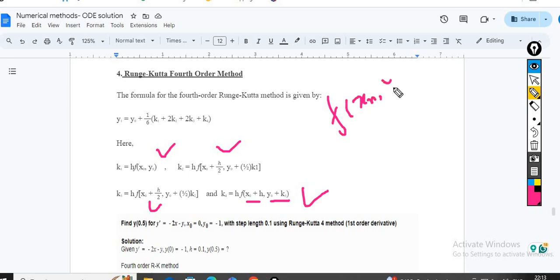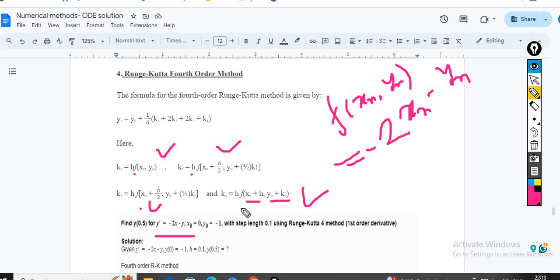Function xn comma yn. Now in our problem, the function was taken as minus of 2xn minus yn. So get the values of x and y for K1, K2, K3 and K4. Put this in this formula.